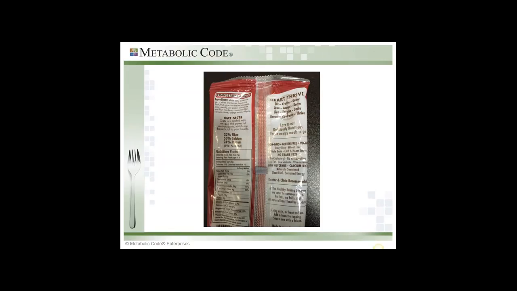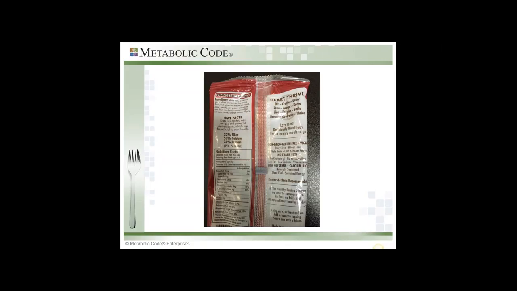If we go down to the total carbohydrate line, you can see it's 34 grams of carb in 1 cookie. If you want, you can subtract the dietary fiber from that total carb amount to get the net carb. That's okay. You can do that. So the net carb for one cookie was 30 grams of carb.